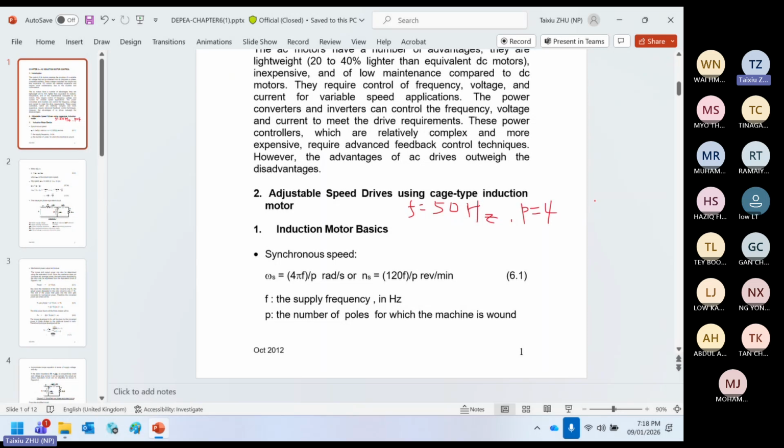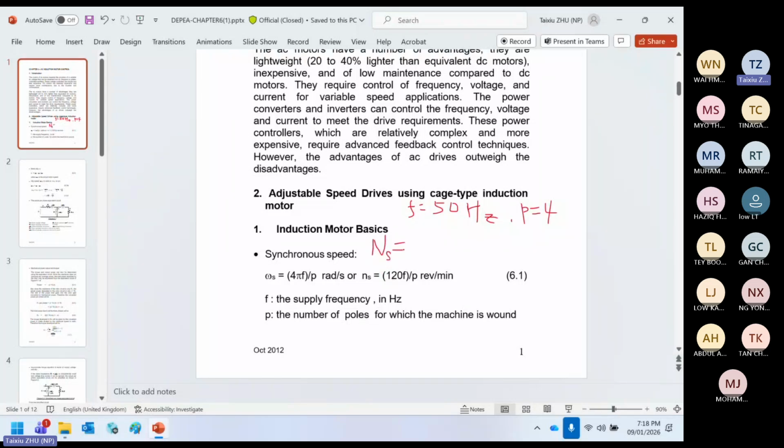For example, almost all the induction motors in our lab actually have four poles. That means 2 pairs. Now with these parameters, I can calculate the synchronous speed. Sometimes we write a capital letter NS.